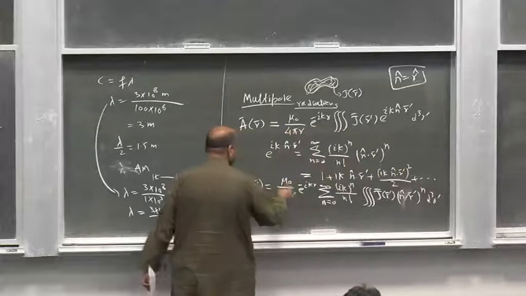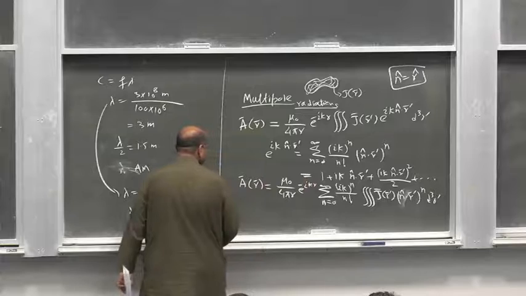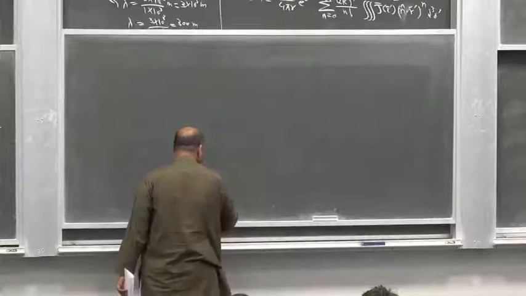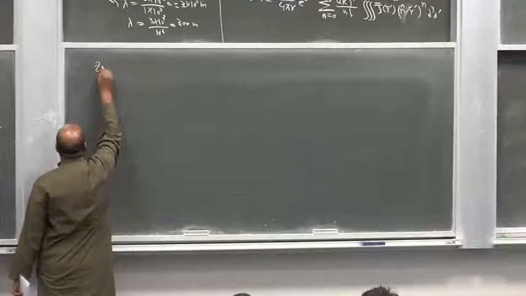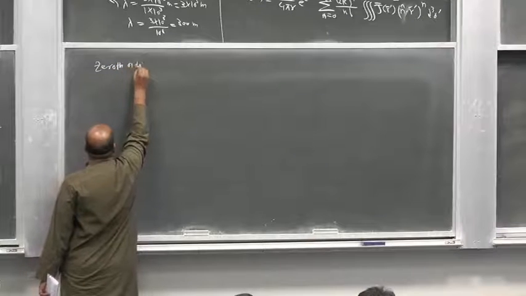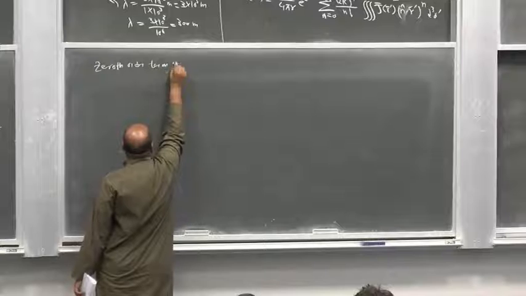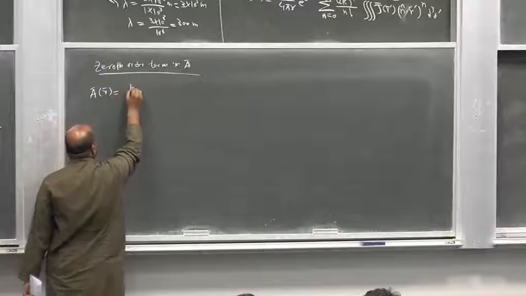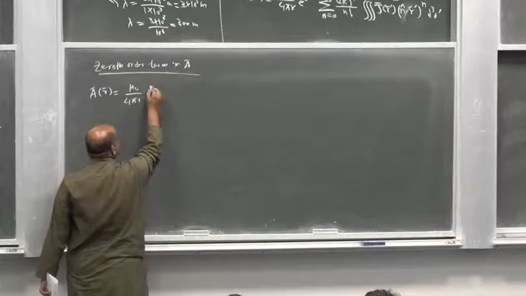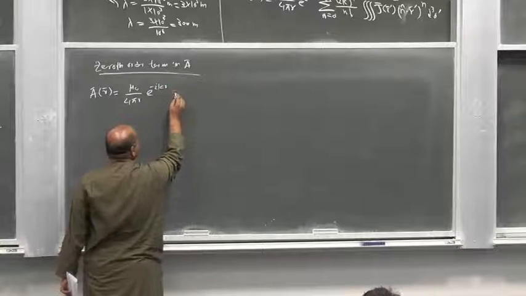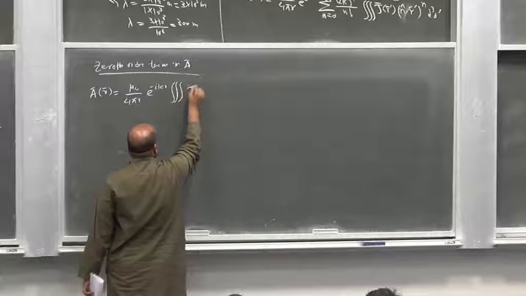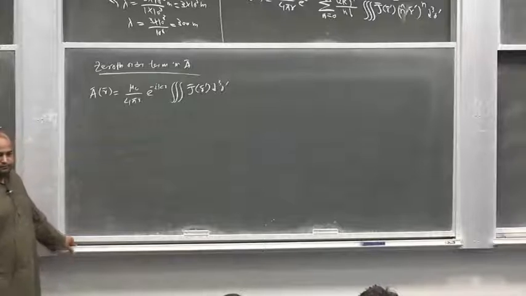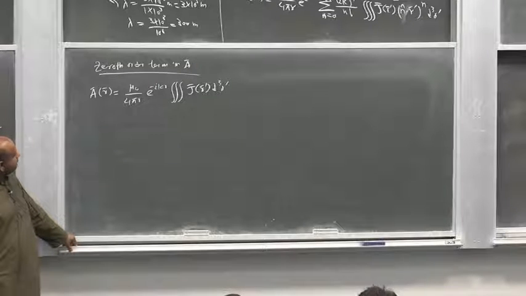So the first term, or the 0th order term, if we concentrate on that, the 0th order term is just this, for n equals 0.